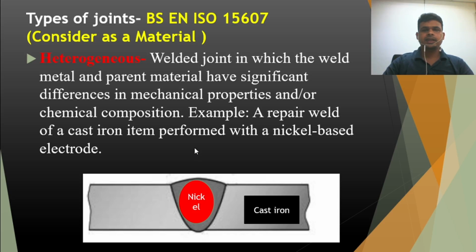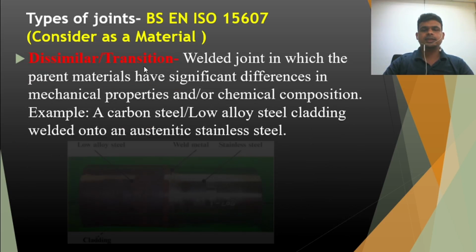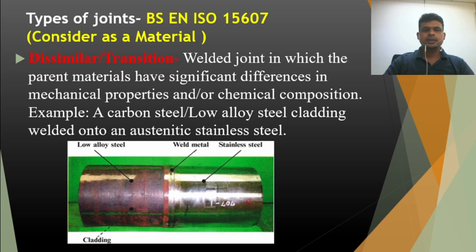So let's see the next. So next is the dissimilar or transition. What is the dissimilar and transition? You can see this picture, the welded joint in which the parent metals have significant difference in mechanical properties. So the two parent metals have significantly different mechanical properties and chemical composition.